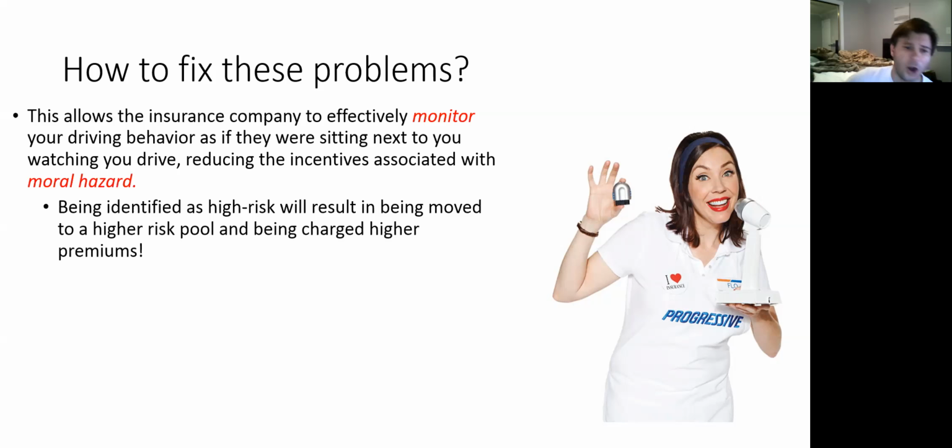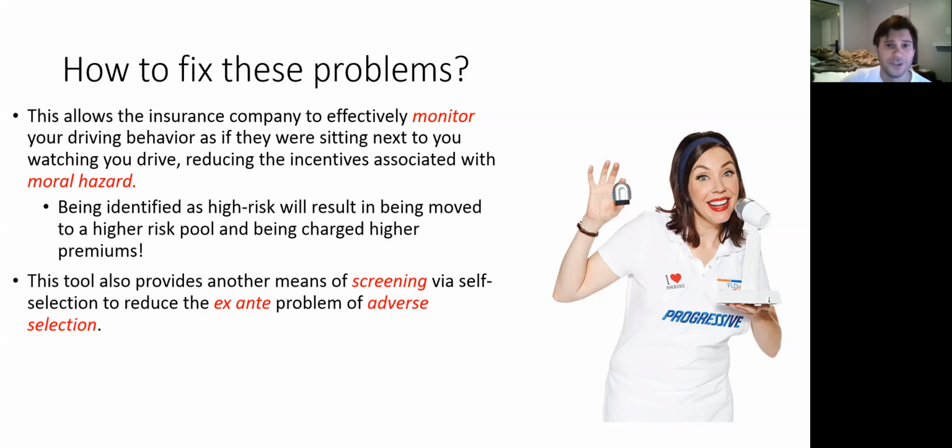All right, so I'm going to argue the tool not only functions as a monitoring device and reducing the ex post problem of moral hazard, but it also provides another means of screening individuals via self-selection, right? You don't have to buy this tool. You only buy this tool if you want it.